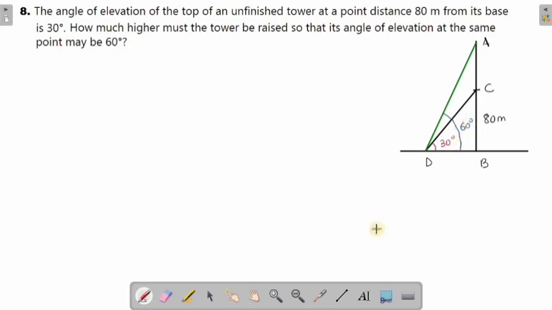That's what the question is asking you to find. So basically the question is asking you to find how much is this.